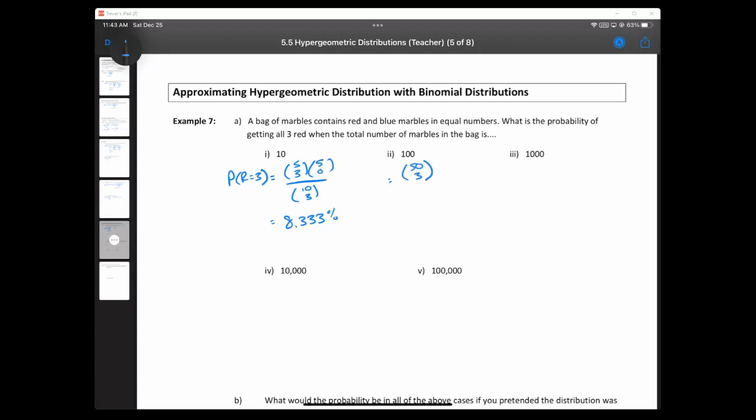And actually, I'm not even going to write down the 50 choose 0 because the choosing blue part is always going to be 1 anyway. 5 choose 0, 50 choose 0, 500 choose 0. It doesn't matter what it is. It's 1. So it just becomes 50 choose 3 over 100 choose 3. So 50 choose 3 divided by 100 choose 3. And I get 12.121%.